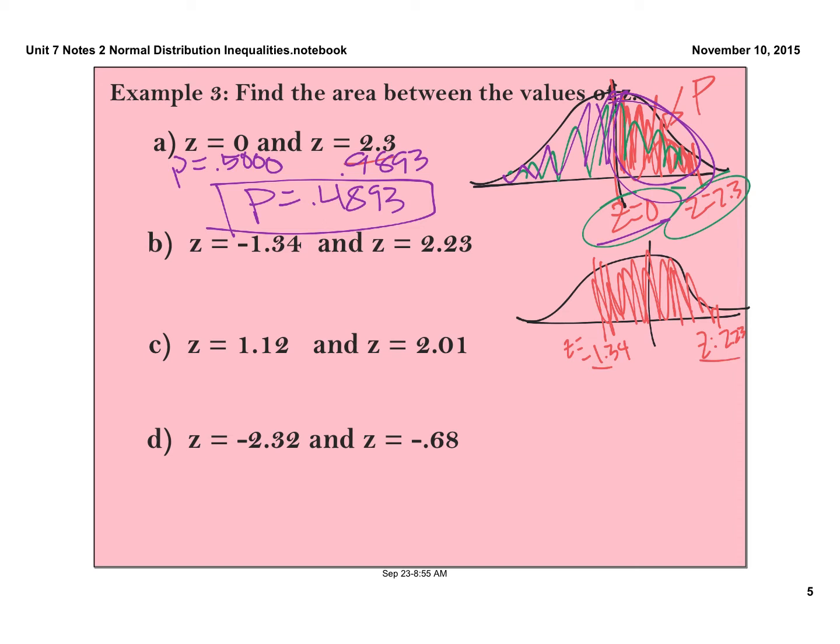So if I look up negative 1.34, this one gives me P equaling 0.0901, and then 2.23, that one gives me 0.9871. And then subtract the two, 0.9871 minus 0.0901, and I get 0.8970.